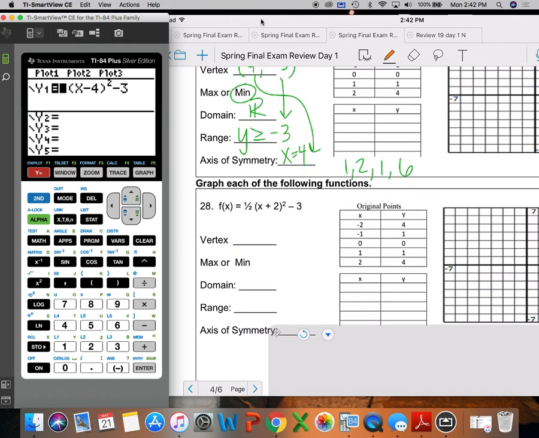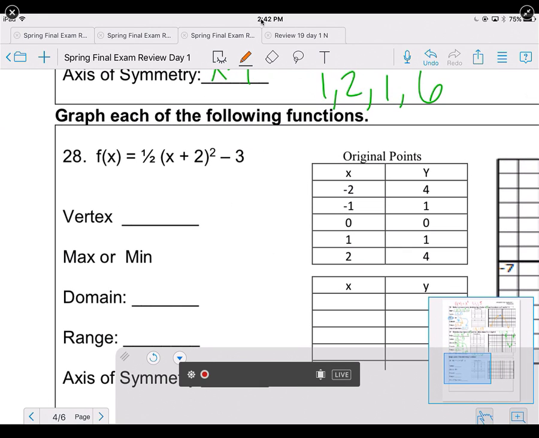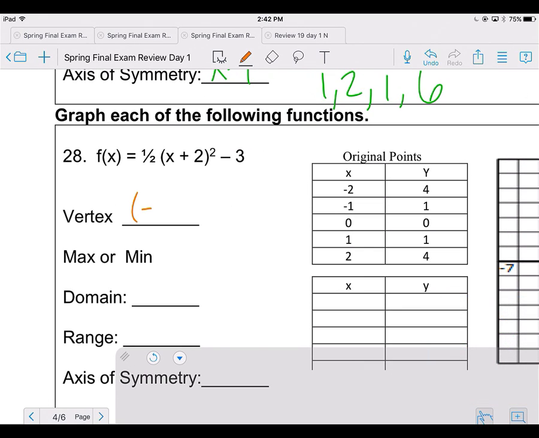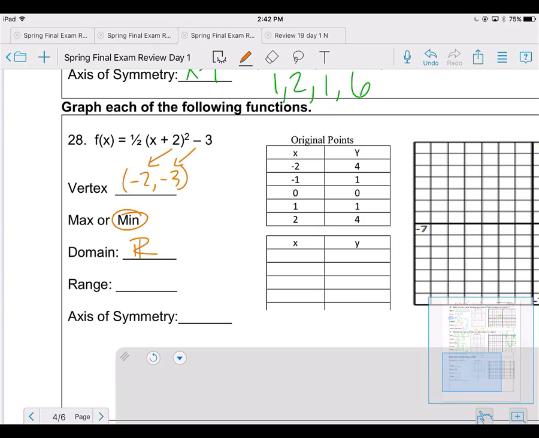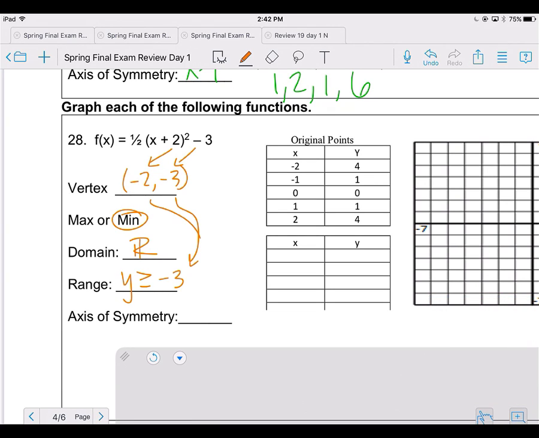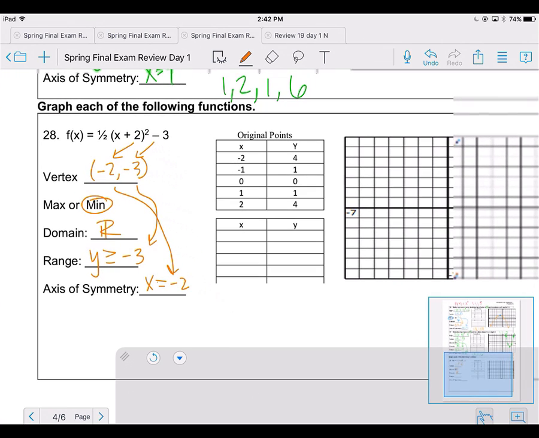Problem 28, you can plug into y equals, or just know from your patterns, your vertex is going to be the opposite of x, the same as y. There is no negative in front, so it's going to be a minimum. Domain is all reals. Because we have a minimum, range will be greater than. And then my axis of symmetry, x equals the x from my vertex.